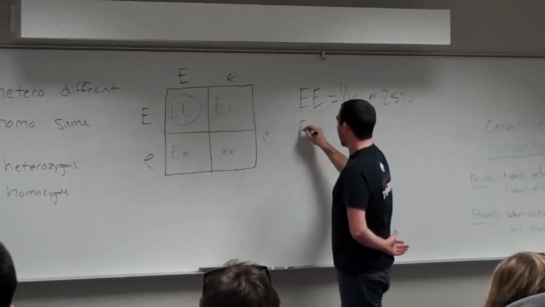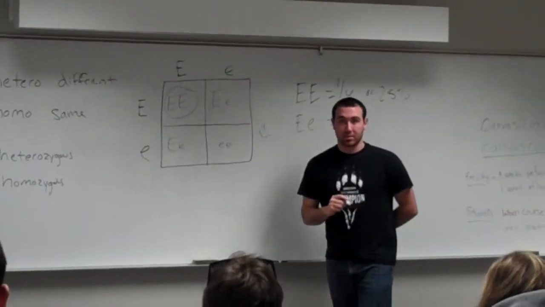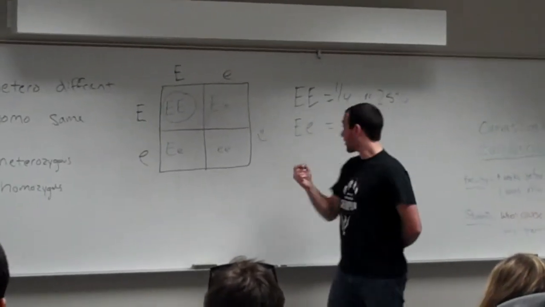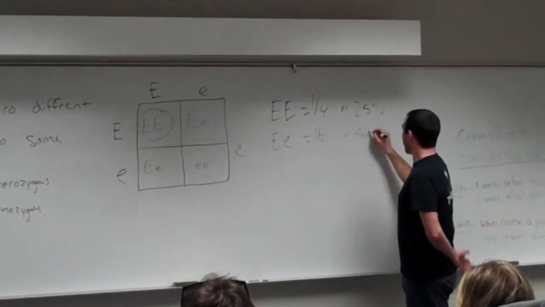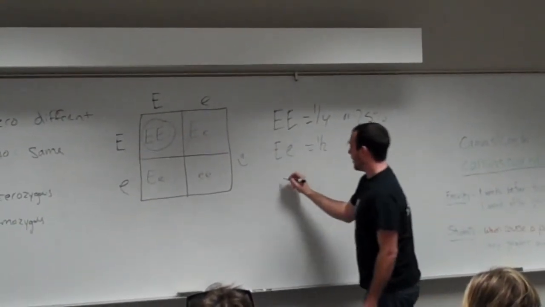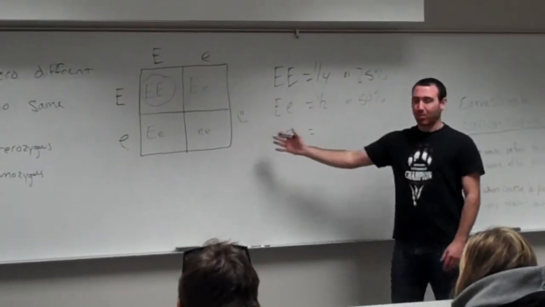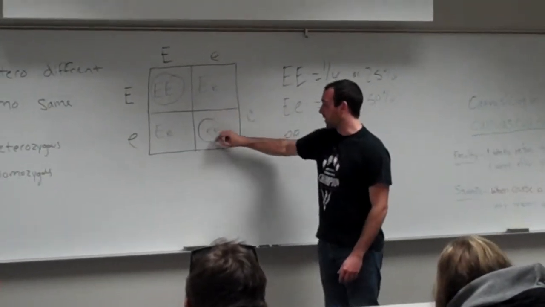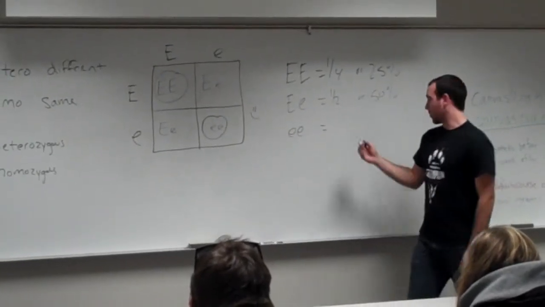Now, what is the probability of heterozygous? 2/4, correct. So that's going to be 1/2 if you reduce that down, or 50%. And then for Katie in the room, the probability of having homozygous recessive is 25%.